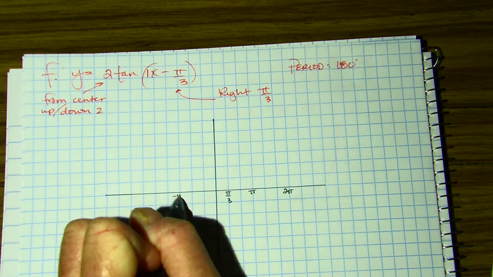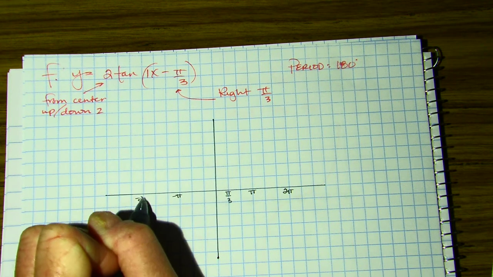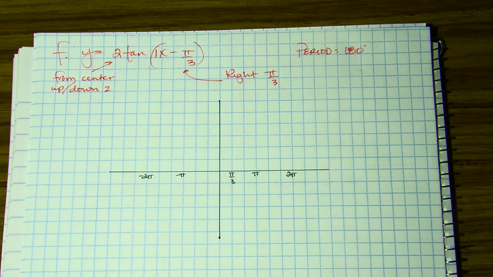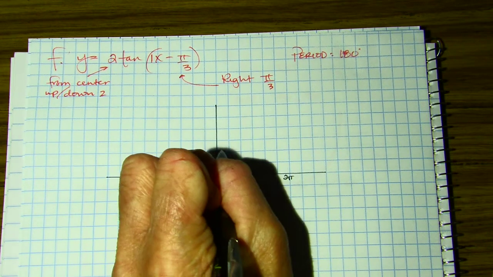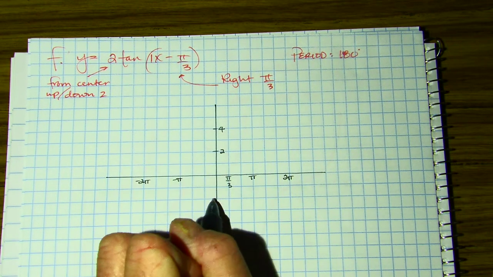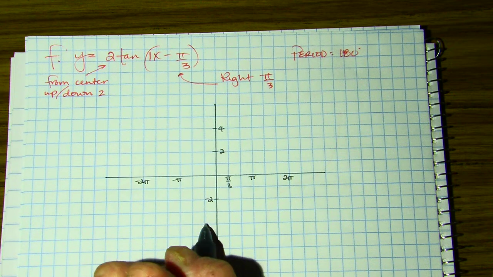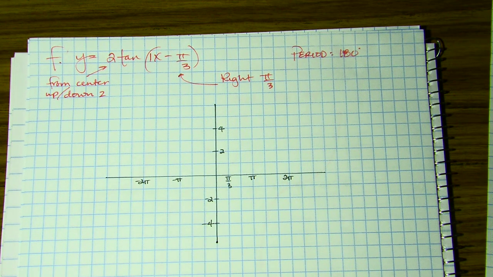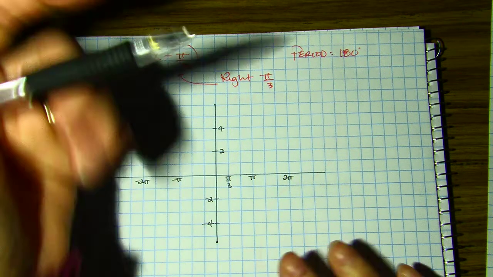So each box is 1/3 pi. And I did that because I am going to have to shift it. And so then this is 2, 4, -2, -4.